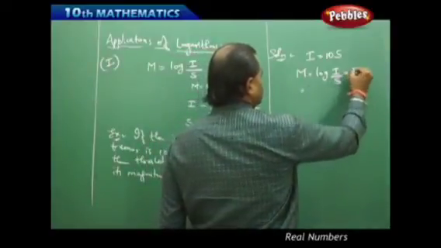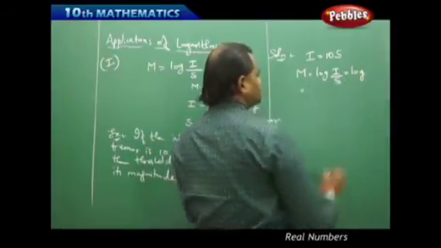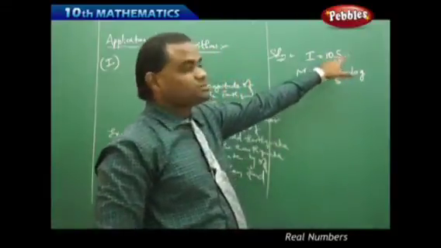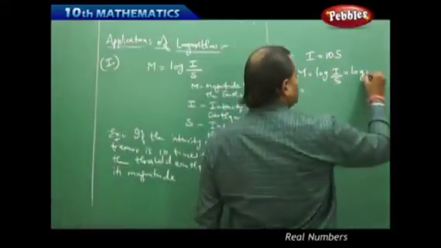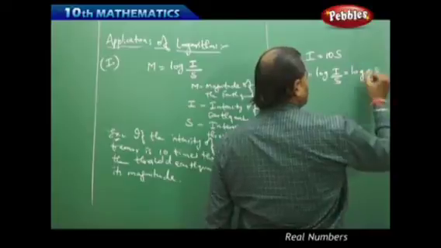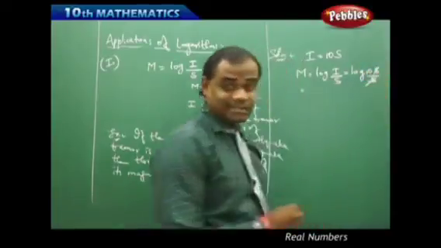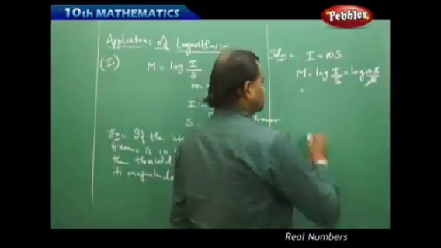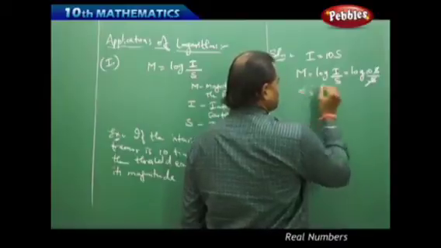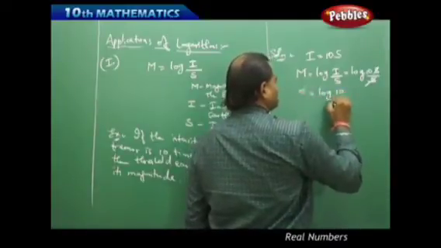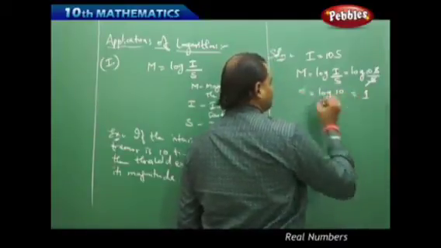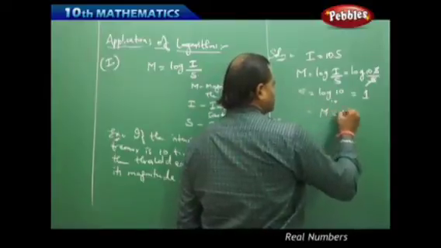On simplification, substituting I with 10 times S gives me 10S by S, so S gets cancelled in the numerator and the denominator, and I get log 10 to the base 10, which is 1. Therefore M is 1.